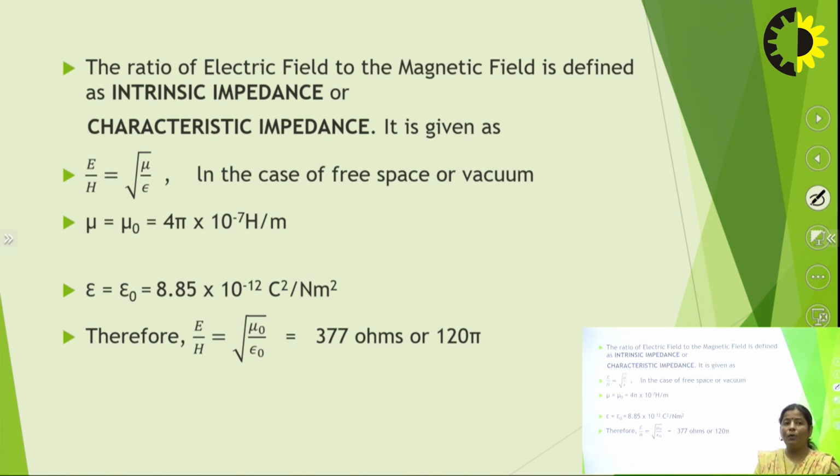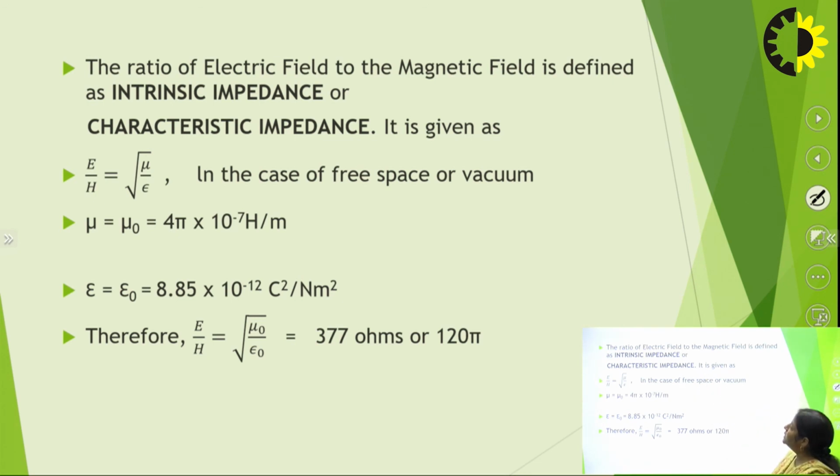The wave can propagate in the conducting medium and in the non-conducting medium also. And you have seen in the beginning that for every medium we have to define parameters. We have to find out what parameters we will get for the discussion of the medium.